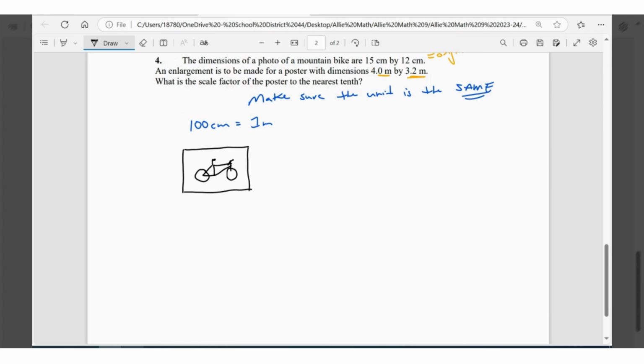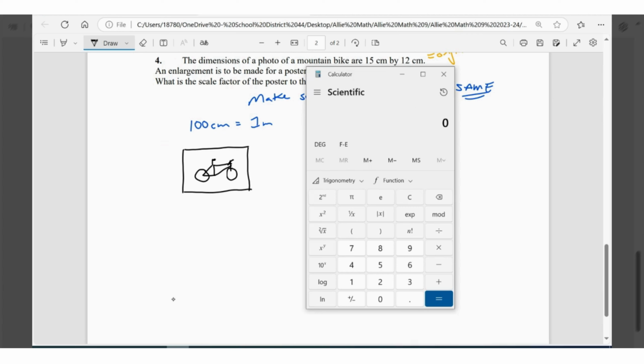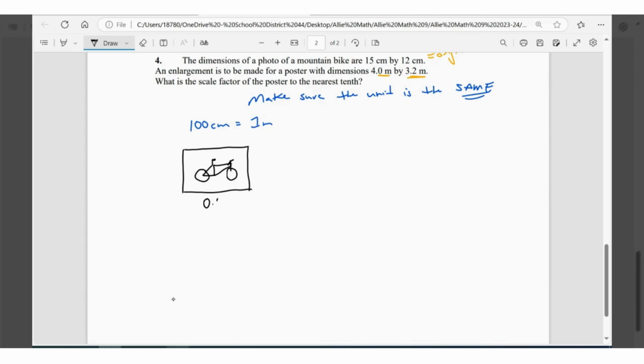Incredible. The original length is 15 centimeters. We need to divide that by 100. So 0.15 meters. And the other side, 12 centimeters. If we divide that by 100, 0.12 meters on the side there.